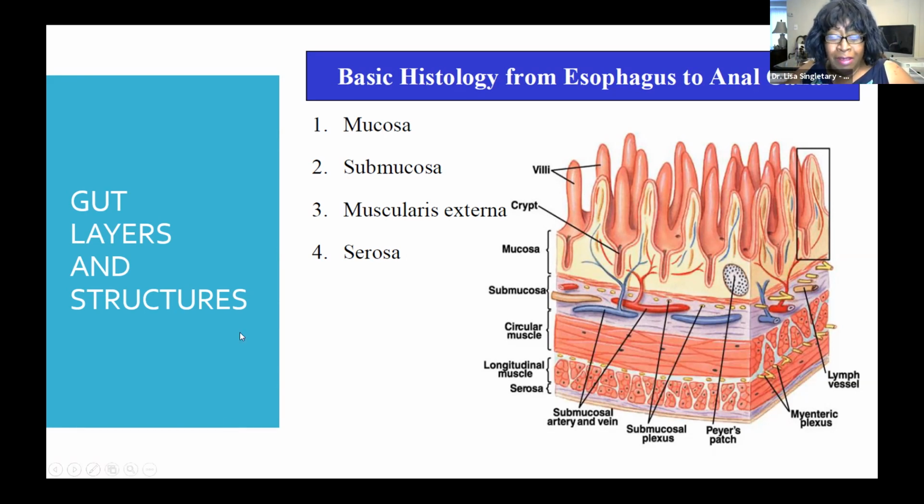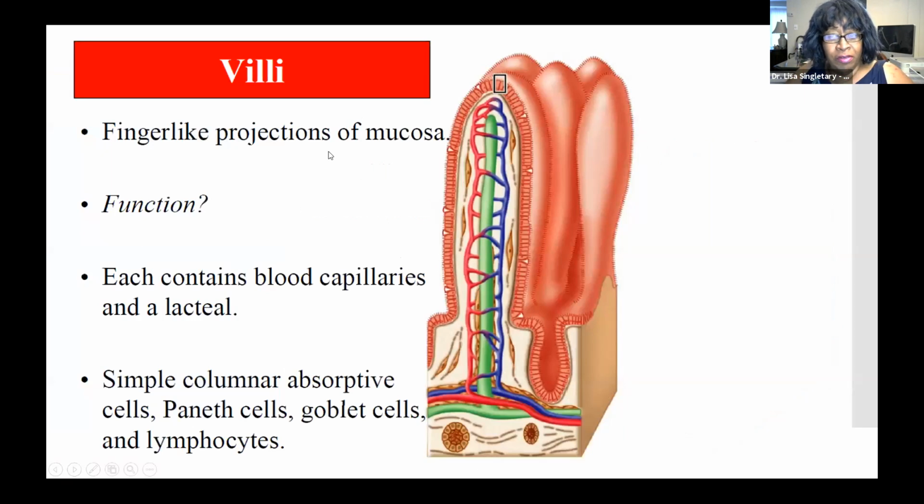Okay, let's take a look at the villi though. So remember, villi are finger-like projections. So you see how we jumped down to just look at one villus cross section. And I want to point out a couple things. So we know that this is the lumen where the food substances are passing, the gut bacteria are in there. And this is just one villus.